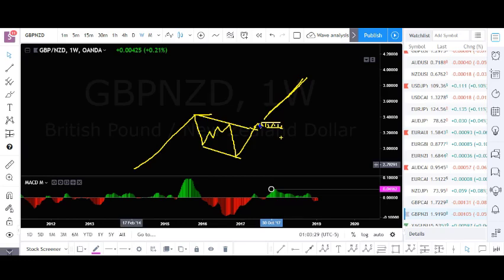So what we do then is take off the trade, try and get out for break even, and then you wait. If it breaks out of here, then you can enter the trade again. So if you take the trade and it's not going anywhere, it's best just to take off the trade and wait for your next entry.